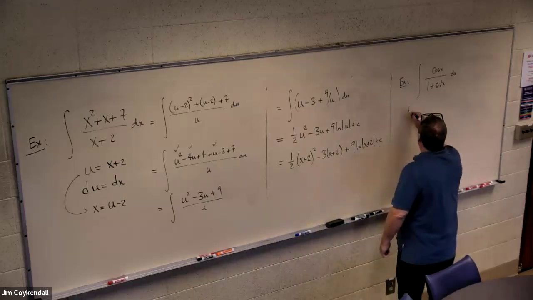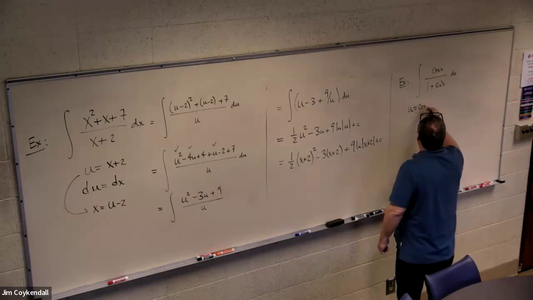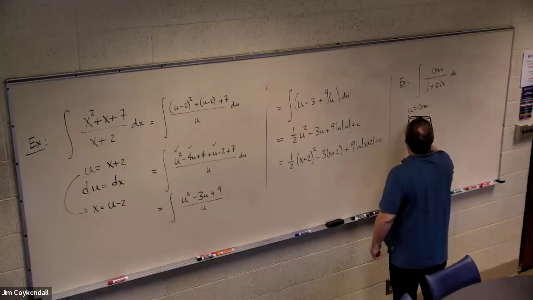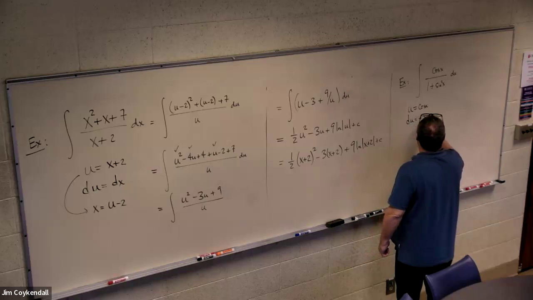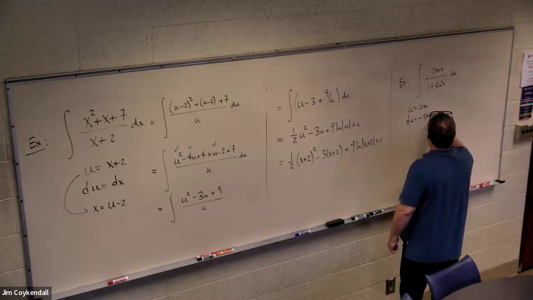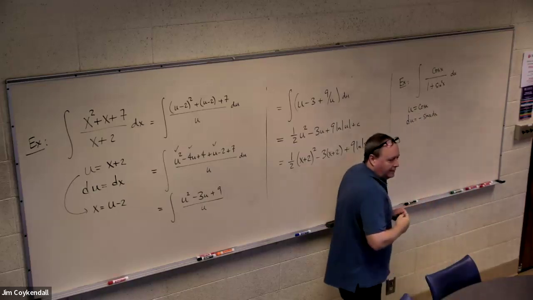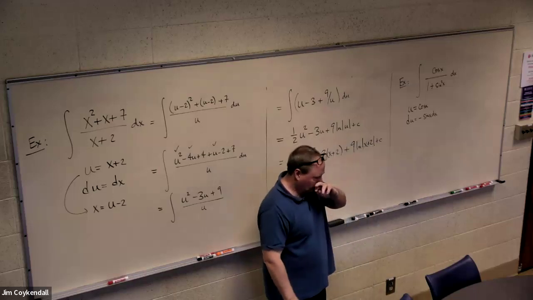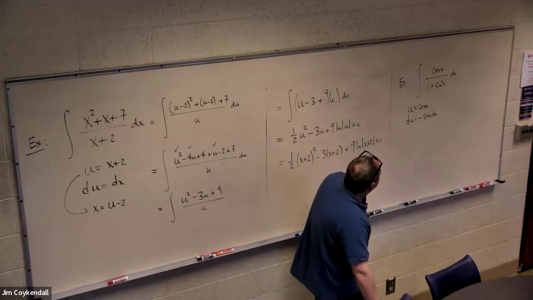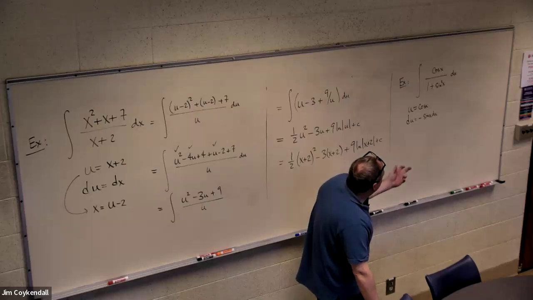So let's try that. It's tempting because that cosine x is on top, isn't it? It's going to work. No, because I've got my sine x linked up with that x. My sine here is actually on the bottom.